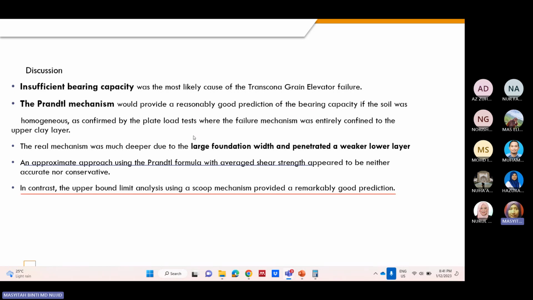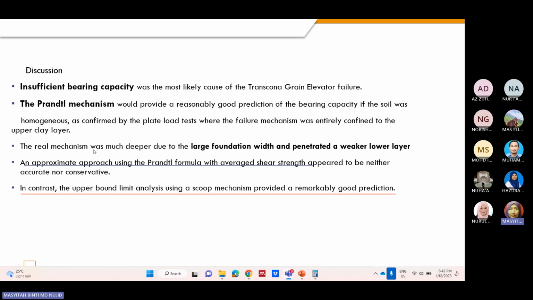But because of the unpredicted size of the footing and also the plate load test data, the failure actually did not happen only in the upper layer but also in the lower layer. The lower layer shows that the soil has a low shear strength compared to the first shear strength of the soil.